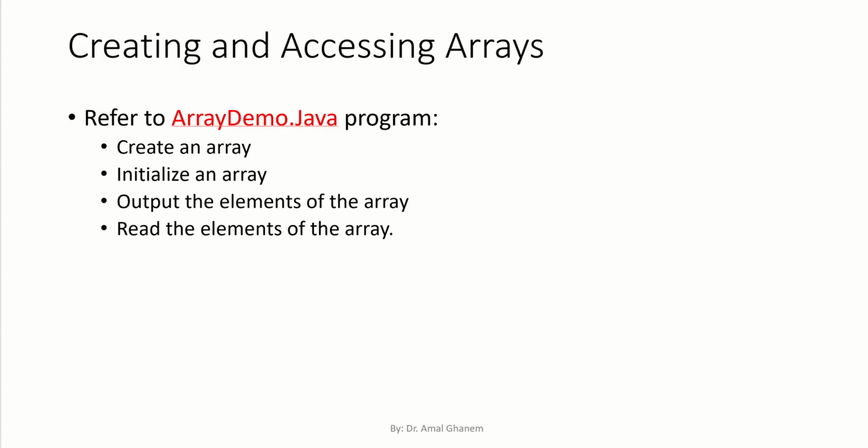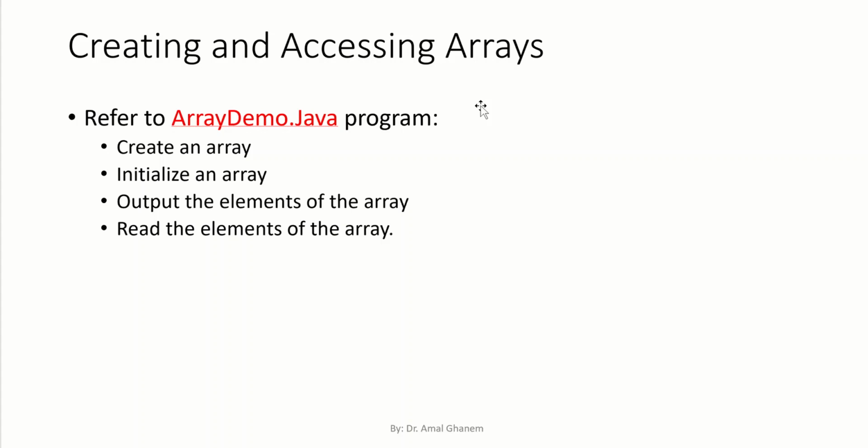Within the lecture notes uploaded on Blackboard, you will find a file named arraydemo.java. It does the same things we did in this session: creating, initialization, output, and reading. The small thing you have to be aware of is that the array is of type double, and it will hold temperatures of 7 items.